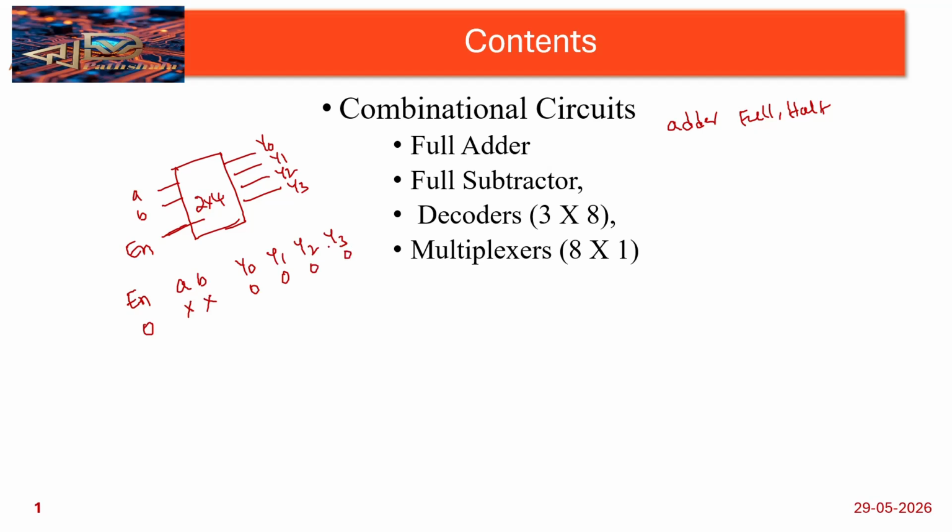So while the enable pin is 0, if you give a different combination of inputs, your output should be 0 only. That is the enable pin operation.